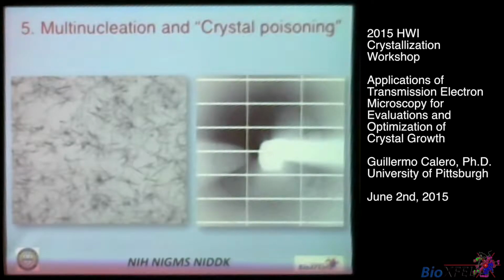Now, this is something that Joe talked about. This is another thing that you can identify with TEM. This is a protein that multinucleates, and it was really hard to improve. We get all these bundles, or slightly larger ones, but nothing we did would help.